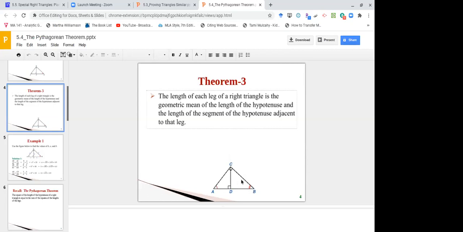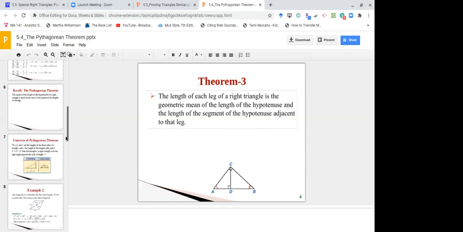So I'm looking at, to get BC, it's the geometric mean of BD and the entire hypotenuse, AB. And again, she'll go over that with you in the slides and in the book.